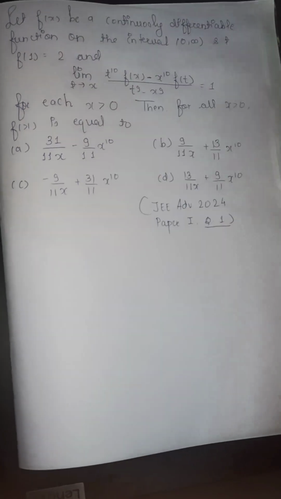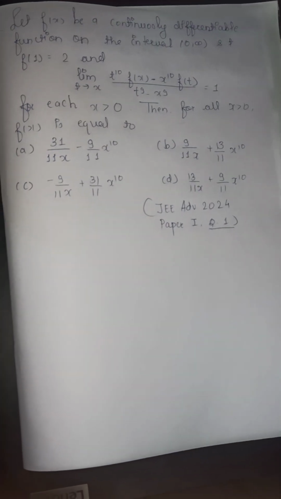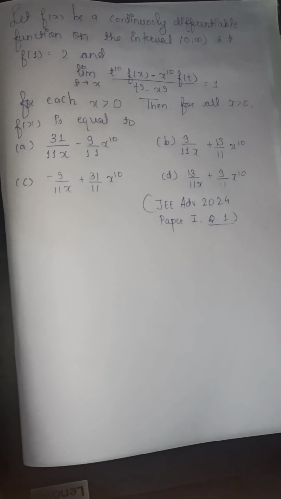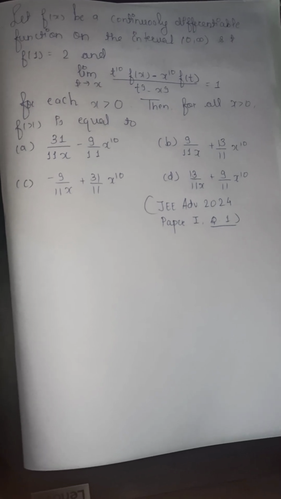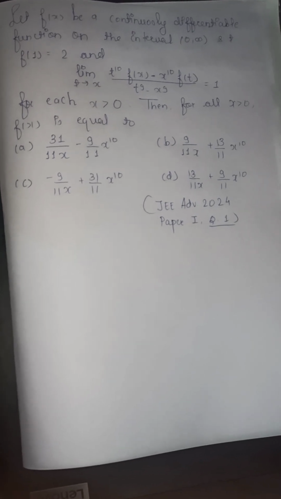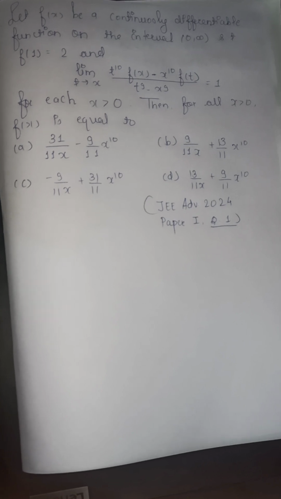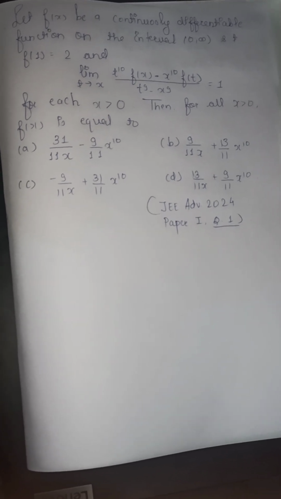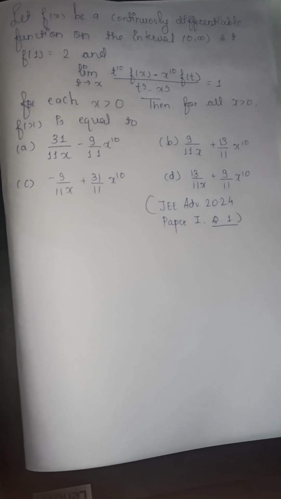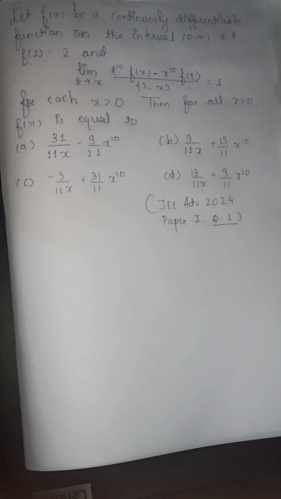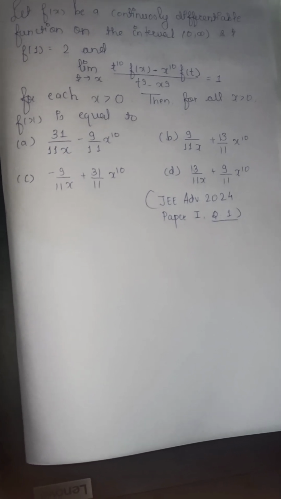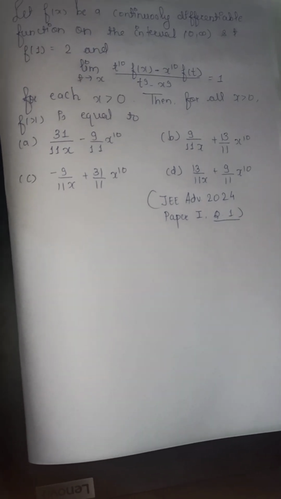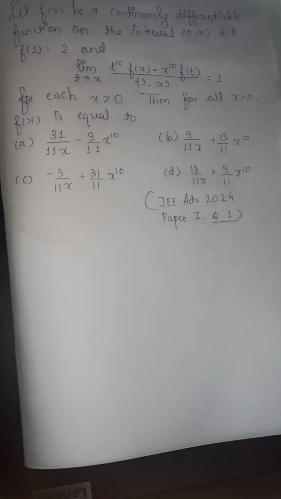Let f be a continuously differentiable function on the interval 0 to infinity, such that f of 1 is 2, and this limiting term was given to you. Limit t tends to infinity, t raised to power 10 multiplied by f of x minus x to the power 10 f of t upon t to the power 9 minus x to the power 9 is equal to 1.